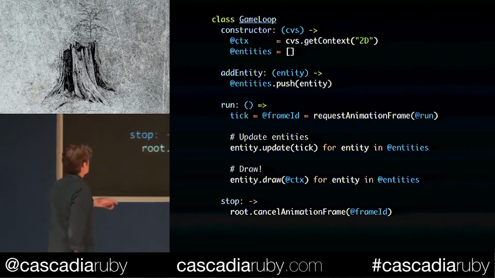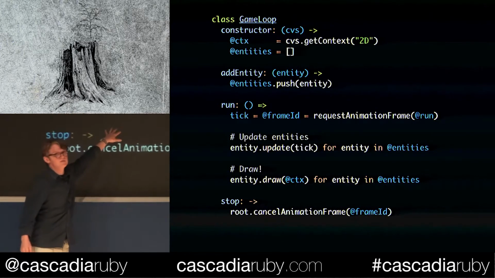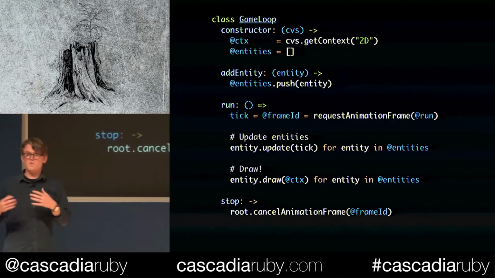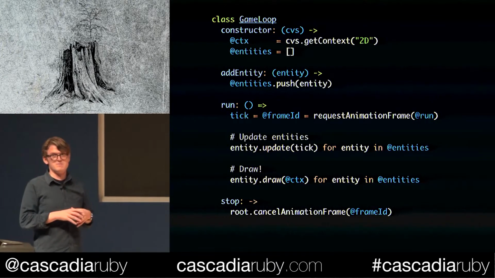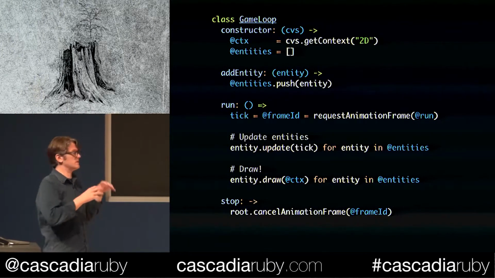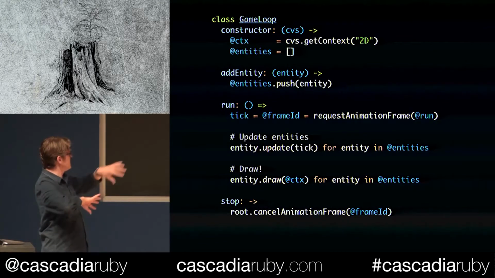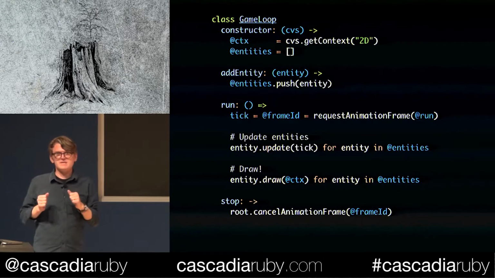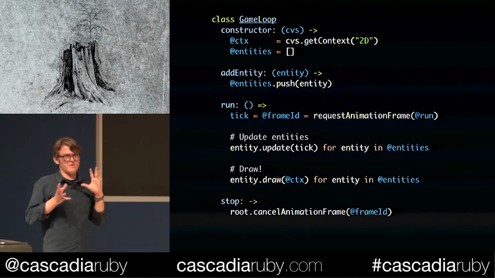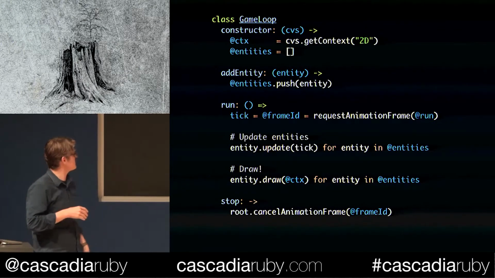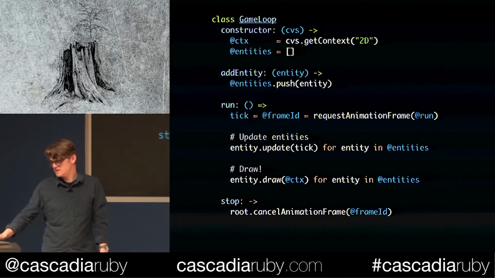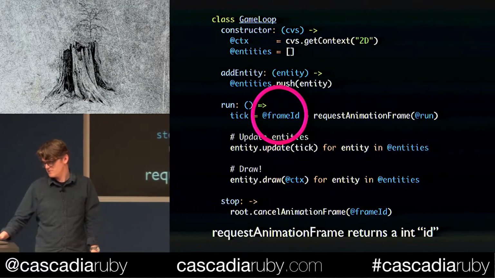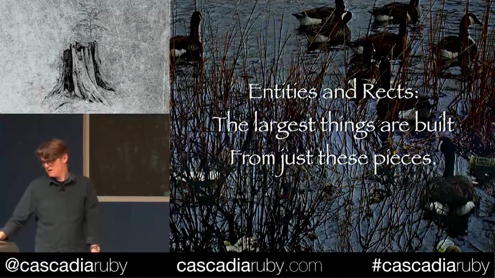The other thing to notice is that I'm passing the canvas context into the entity for the draw call. This is just to keep things well-designed and simple so I don't have to have each of these things holding on to the canvas context with a reference. It ends up being a nice thing for the API. So request animation frame returns an ID, and keep moving.